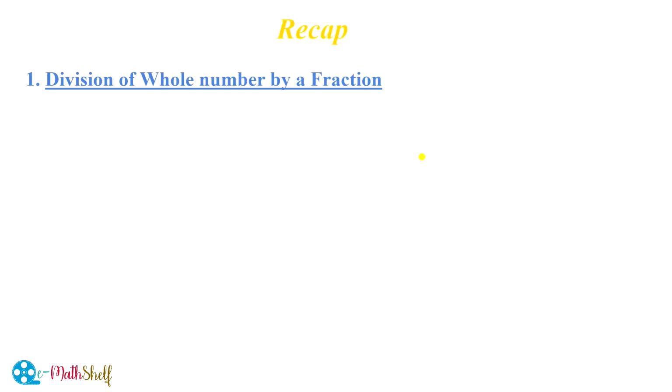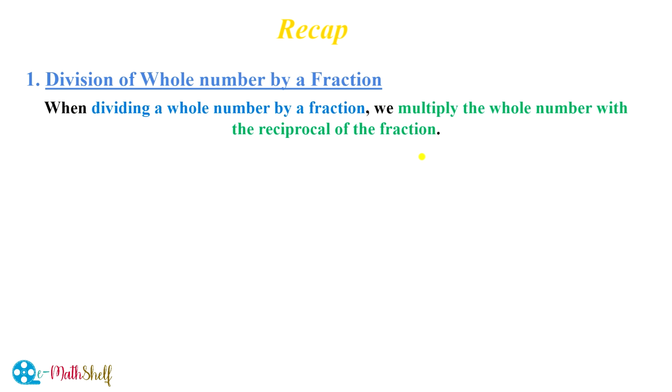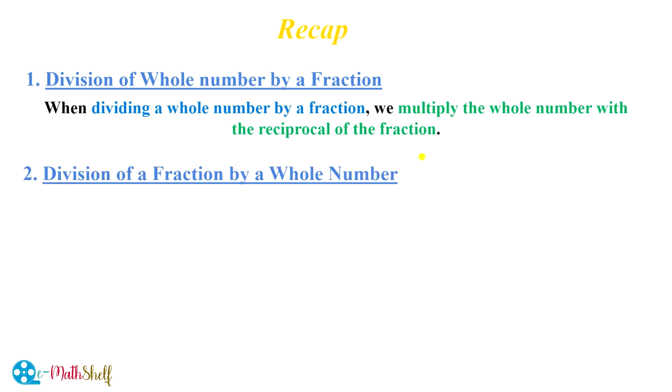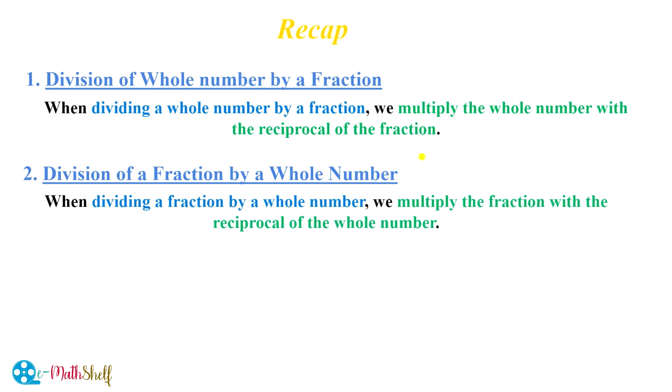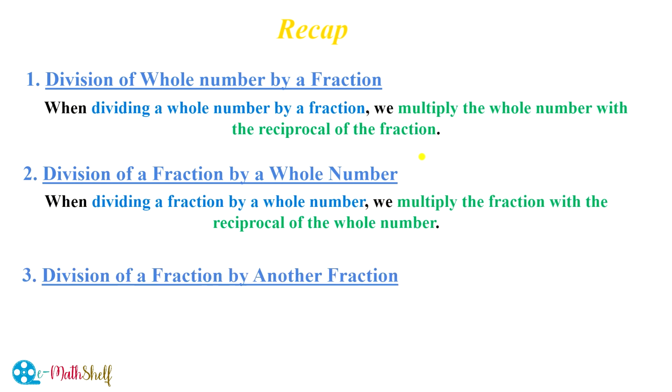So in this video, we have learned about division of fractions. We have seen division of a whole number by a fraction. Dividing a whole number by a fraction, we multiply the whole number with the reciprocal of the fraction. We have also seen division of a fraction by a whole number. So when dividing a fraction by a whole number, we multiply the fraction with the reciprocal of the whole number. We have also seen division of a fraction by another fraction.